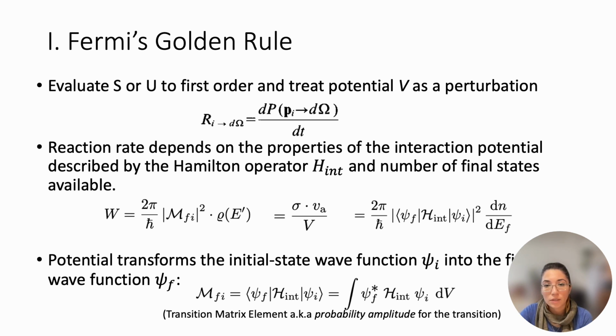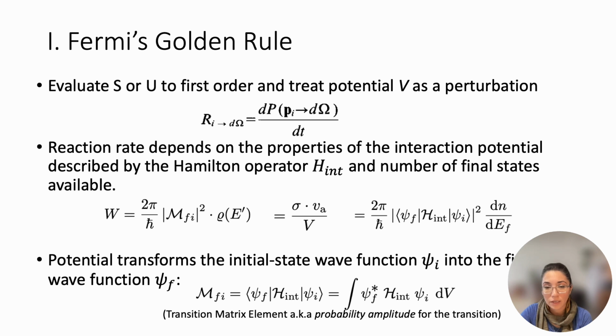And so the transition rate, so the reaction rate, depends on the properties of the interaction potential described by, let's say, a Hamiltonian operator, and the number of final states available, where W represents the transition rate from the initial to final state.